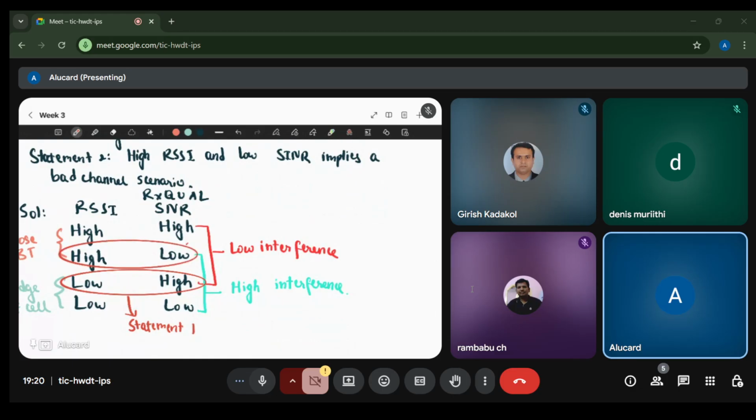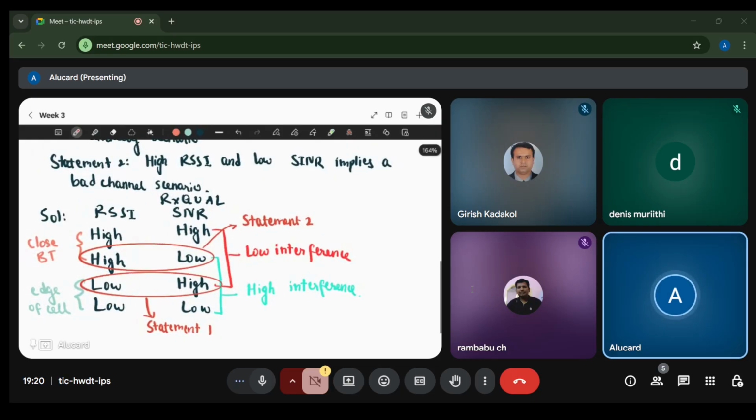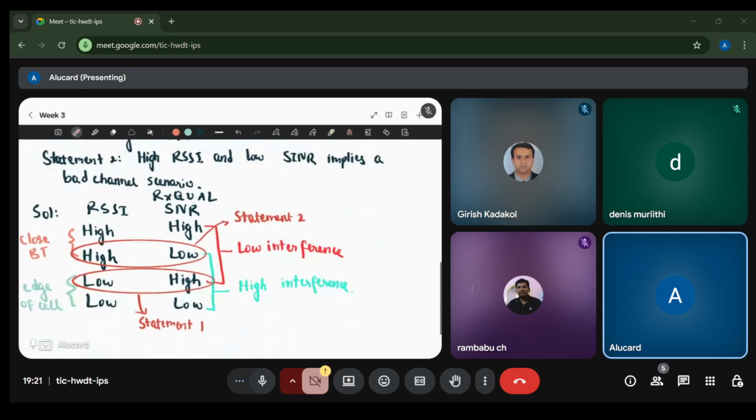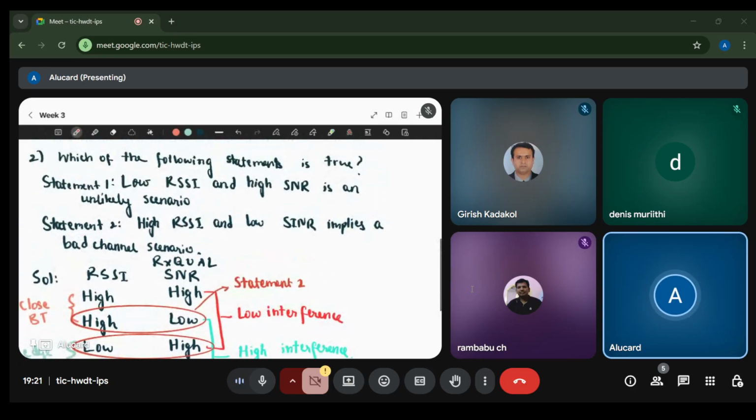This is the condition given in statement 2. So in statement 1, you are at the edge of the cell, so you are receiving less power from your base station, and there is high interference. That is, a lot of interferers are present using the same channel as you. Is that a likely scenario or is that an unlikely scenario?